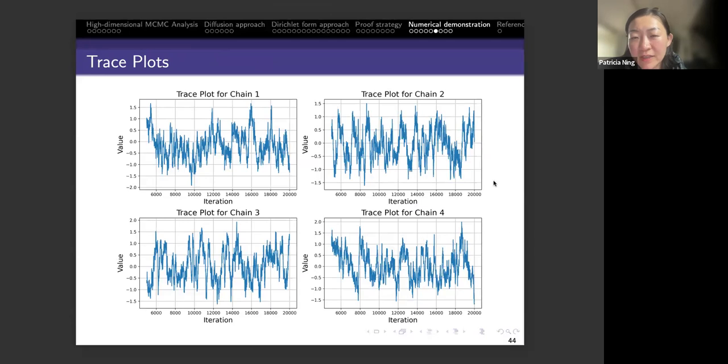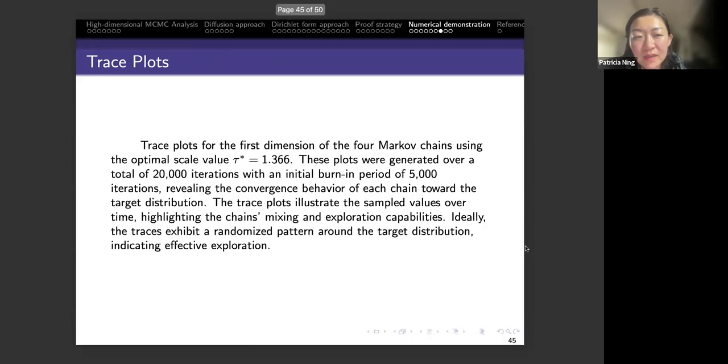The next is the trace plot for these 4 chains. We can see that's random behavior. The trace plot for the first dimension of the 4 Markov chains using the optimal scale value tau star. These plots were generated over a total of 20,000 iterations with the initial burn-in of 5,000 discarded, revealing the convergence behavior of each chain towards the target distribution.